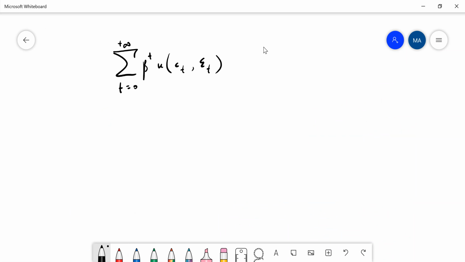Well, it can affect your risk aversion. It can affect other dimensions of your choice. You can also imagine that your discount factor is a function like this.